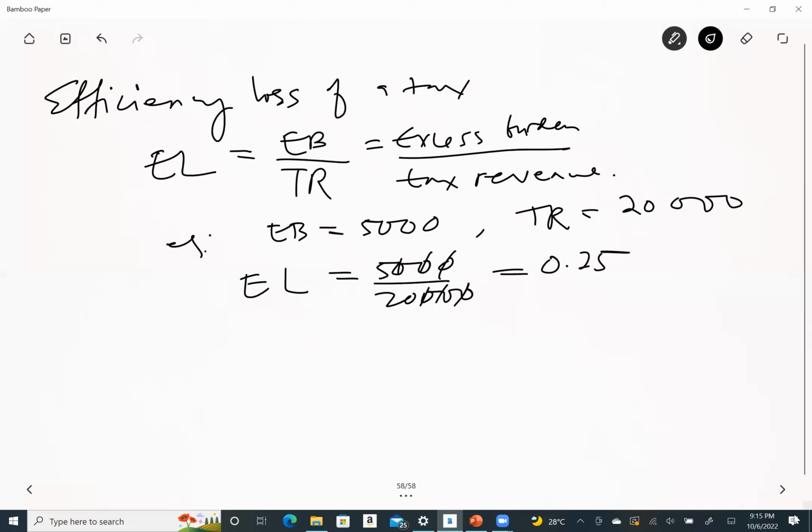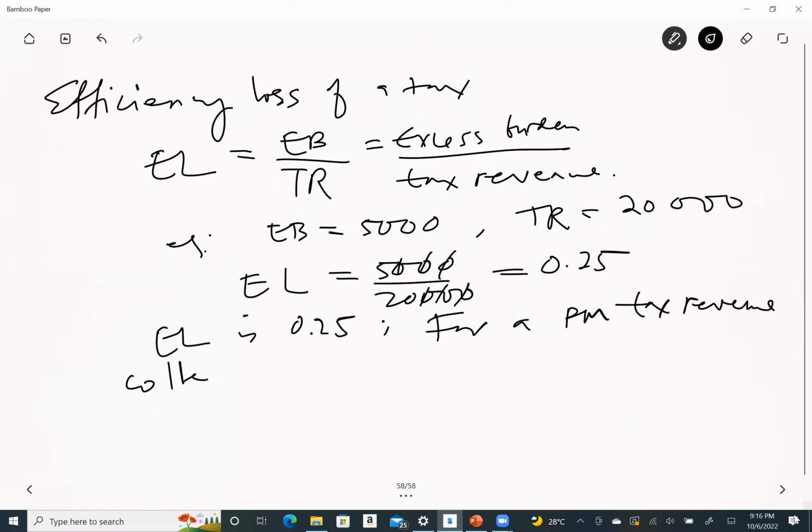It means that for a dollar, so efficiency loss is 0.25. What does it mean? It means that for a dollar or a RM of tax revenue that the government collects, what is the excess burden?